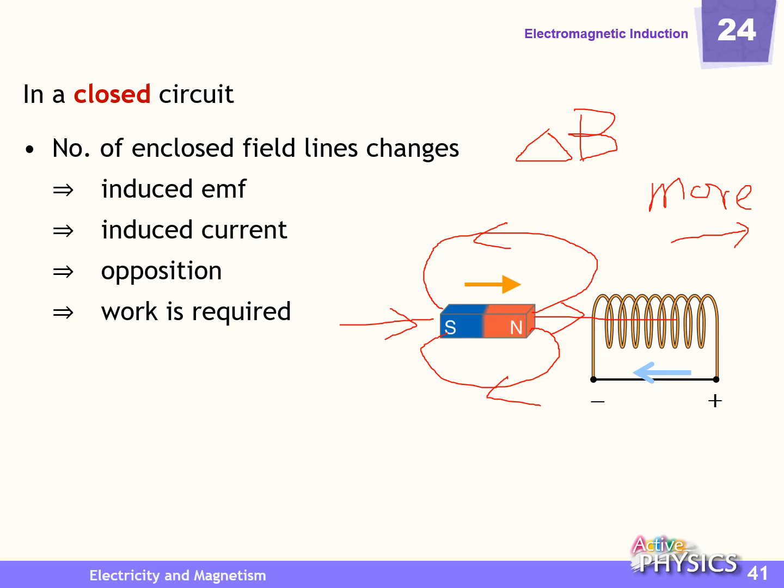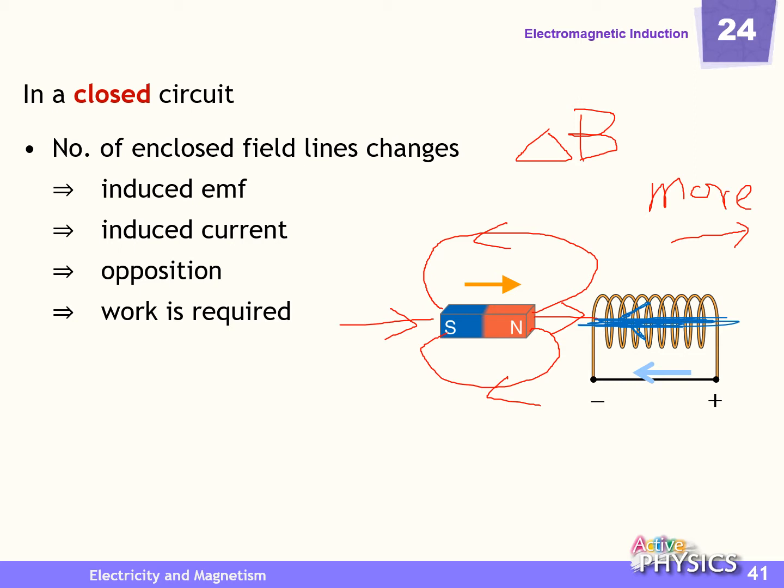So the solenoid will create magnetic field lines which point to the left hand side in order to oppose this trend, because there are more field lines pointing to the right hand side.